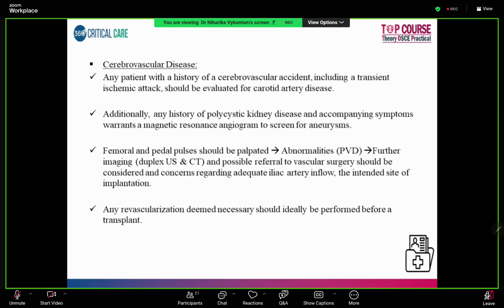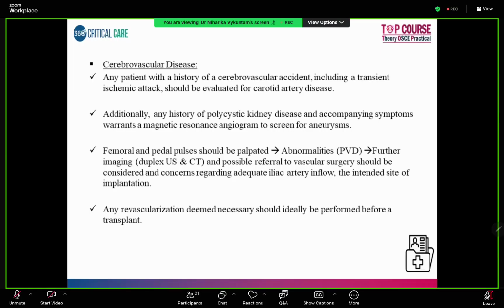One more thing is we have to check the femoral and the dorsalis pedis pulses. Especially in peripheral vascular disease, you will not be able to palpate these pulses. In such cases, you need to do an ultrasound or a CT and refer them to a vascular surgeon, because the important thing for us is that the external iliac artery flow should be proper, because the donor kidney will be anastomosed to the recipient's iliac artery.